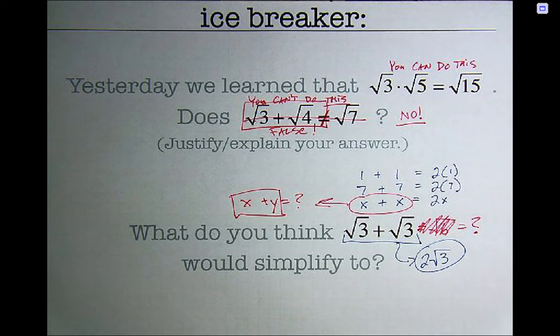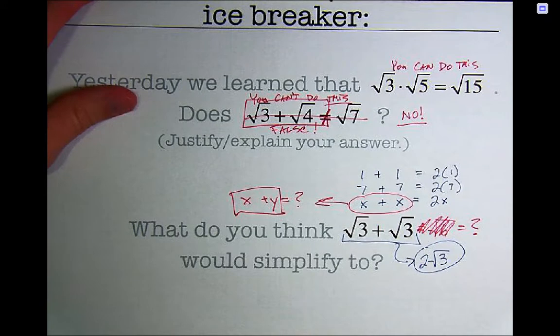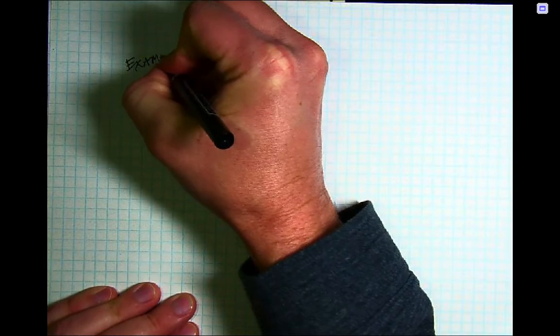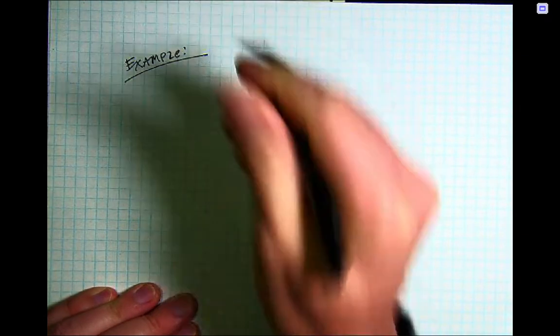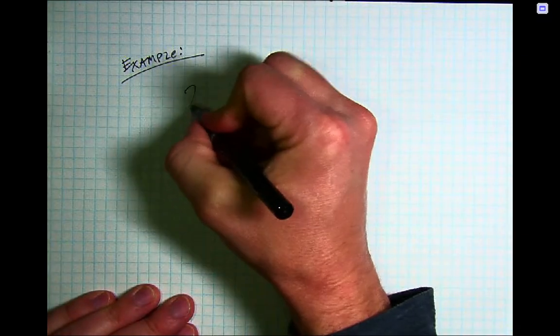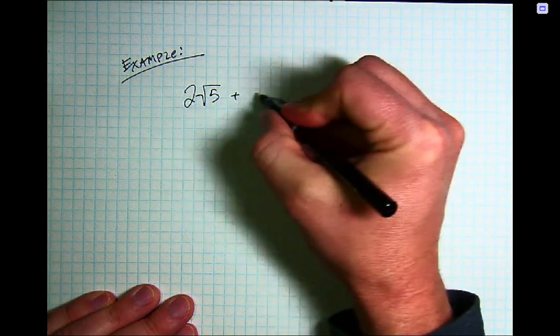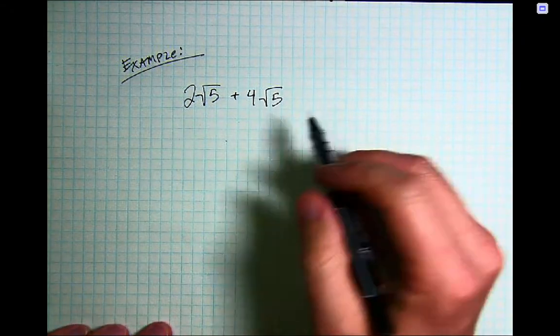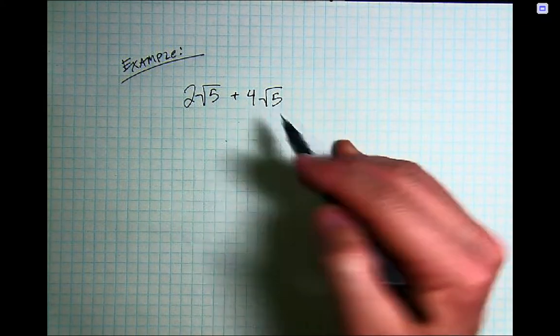Now, when it is the same radical, it's really easy. So, for an example, what if I said, simplify this: 2 radical 5 plus 4 radical 5, or 2 times the square root of 5 plus 4 times the square root of 5.